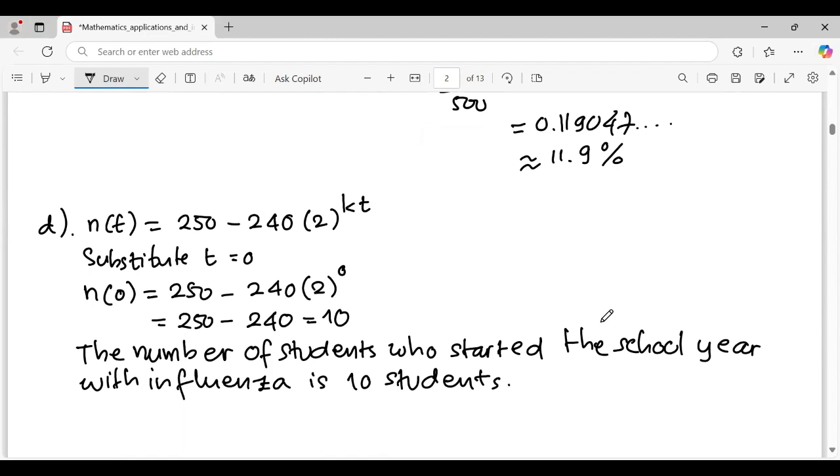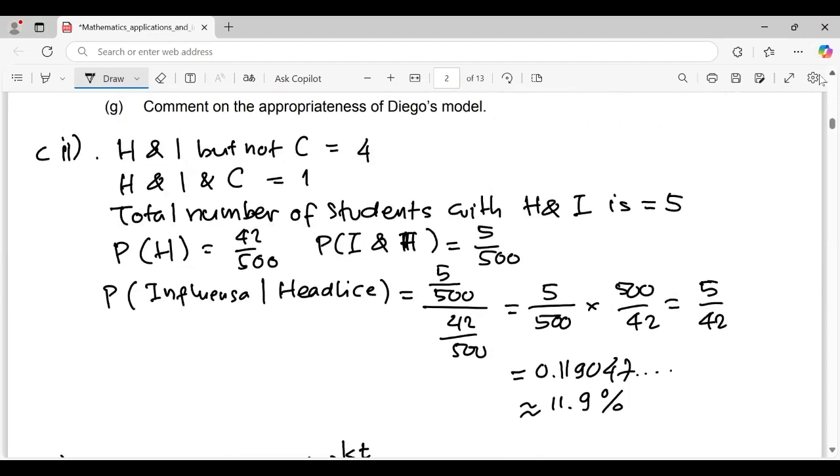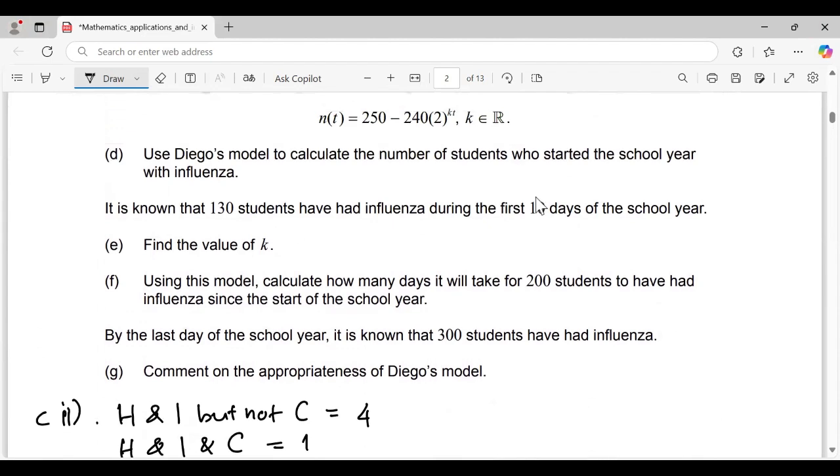Okay, next we continue. Next question. It is known that 130 students have had influenza during the first 10 days of the school year. Find the value of k.